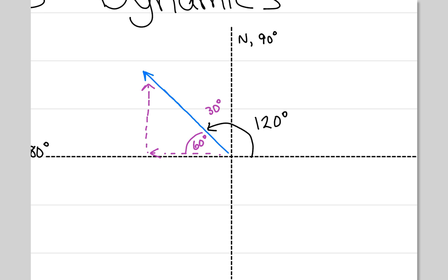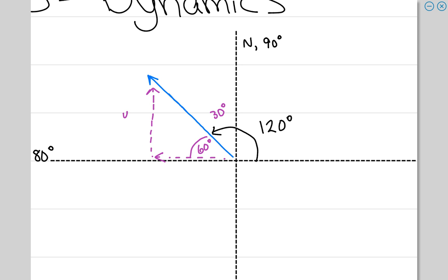Because if I want to solve for, say, the vertical component of this and the horizontal component of this, I can remember that x will always be the cosine of the angle multiplied by the hypotenuse. So let's say the hypotenuse, let's just say HYP. And that will solve for x.